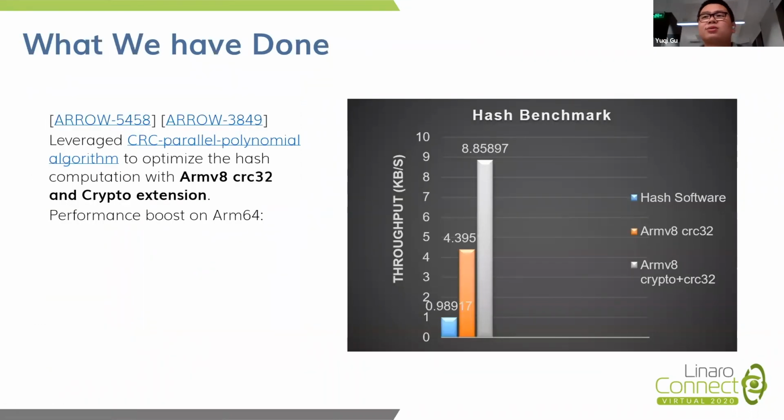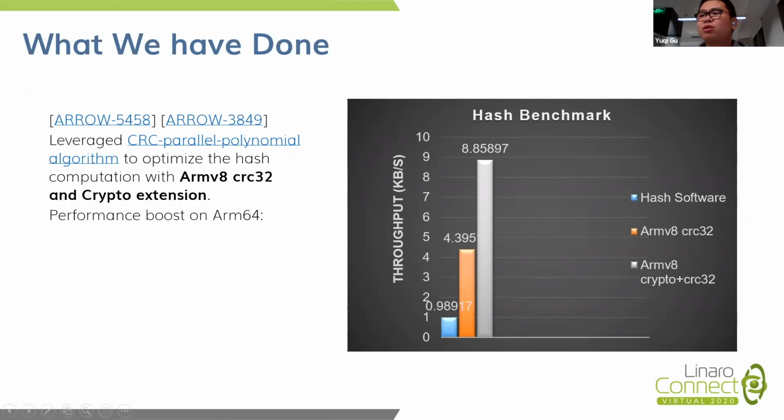Next, in this part, I would like to share what we have done for Apache Arrow. First, we leverage the CRC parallel algorithm to optimize the hash computation with CRC extension and ARM crypto extension.